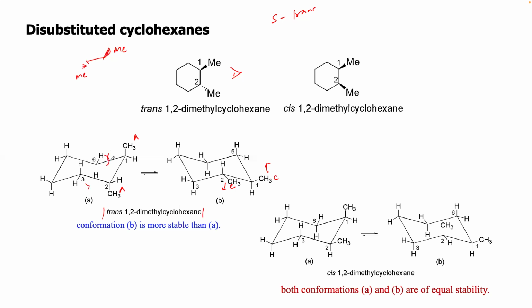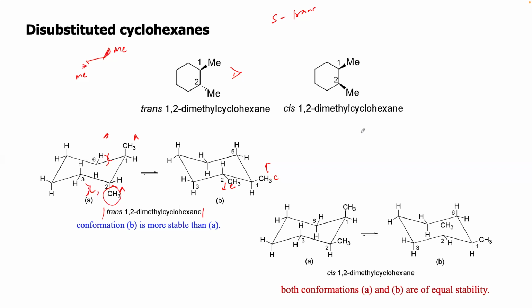The hydrogen and methyl have 1,3-diaxial interaction, but here we don't have that because both CH3 groups are equatorial. A has 1,3-diaxial interaction on the top part and also the bottom. This CH3 is interacting with these hydrogens, and on the bottom side it also has 1,3-diaxial interaction.